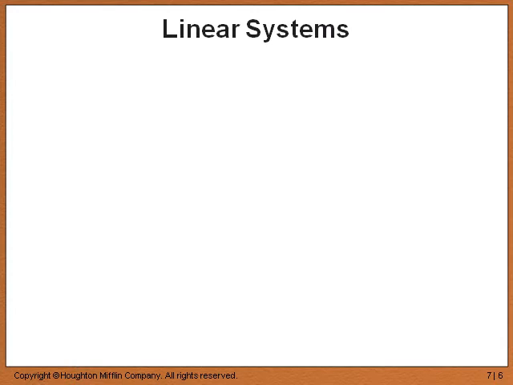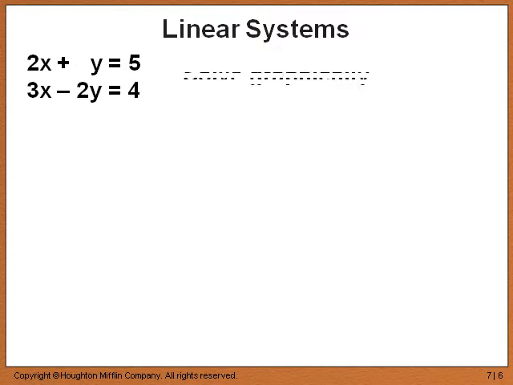All right, now we're going to look at linear systems, and we're going to try to solve them graphically. So here's a simple linear system: 2x plus y equals 5, 3x minus 2y equals 4. Now, I know that you can solve this with substitution, and you can also solve it with elimination, but I'd like you to solve it graphically because that is what this lesson is about, and you need to learn how to do it.